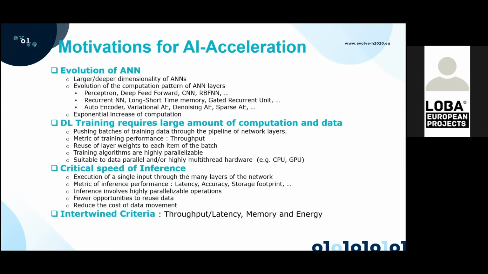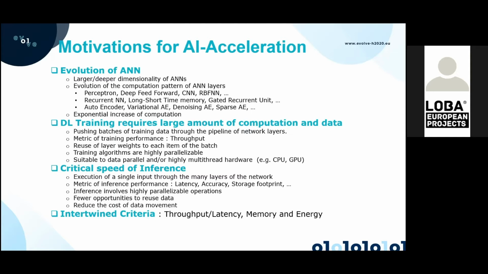But this increase in computation needs is quite different for different phases of ANNs. For the training phase and for the inference phase, the needs are a little bit different. For example, the training phase deals with pushing batches of training data through the pipeline of network layers, and the main objective is throughput. It also allows the reuse of layers of weights for each item of the batch used for training.